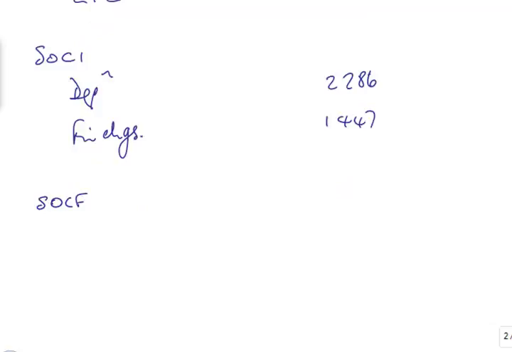The question asks us for relevant extracts from the financial statements, the statement of cash flow. So within operating activities, we're going to have add back depreciation.